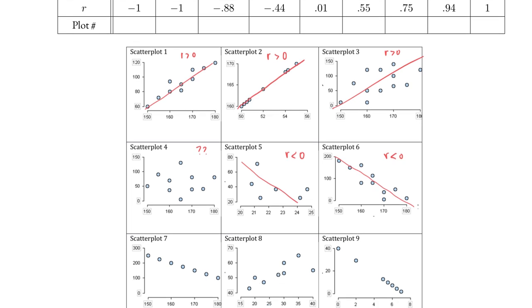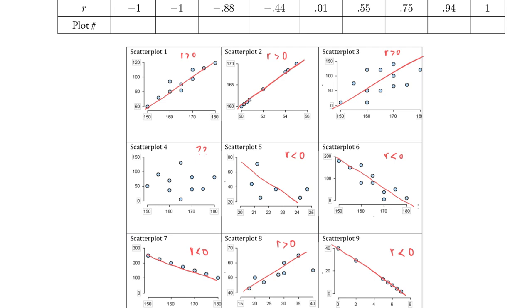For the scatter plot 7, the line would go downward. The correlation coefficient is therefore negative. For scatter plot 8, the correlation coefficient is positive. And for scatter plot 9, the correlation coefficient is negative.